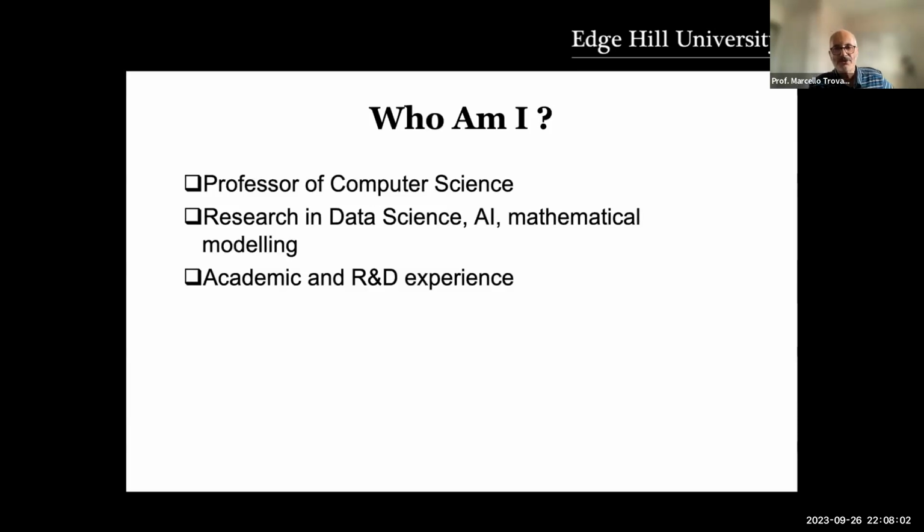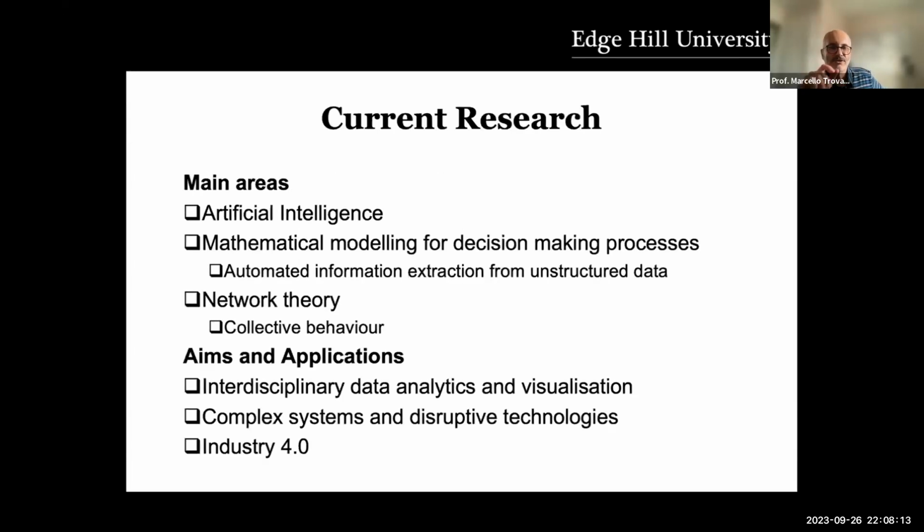I won't spend a lot of time on this. I am a professor of computer science, and I have academic and research and development experience. In particular, I'm interested in artificial intelligence and in the mathematical modeling for decision-making processes, in particular the automated information extraction from unstructured data.